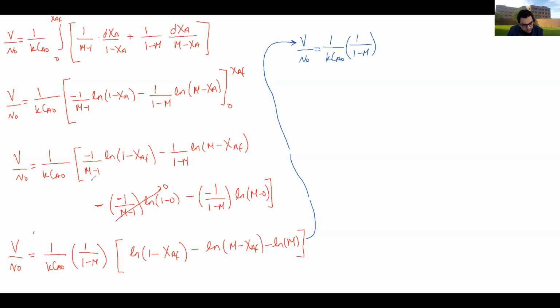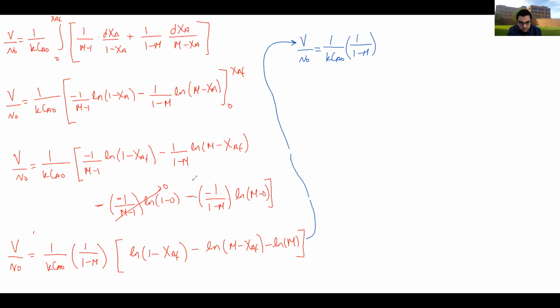Okay, so I have 1 over K CA naught. I took 1 over 1 minus M out, right? So I get ln of 1 minus XA minus ln M minus XA. Sorry, and this is what?